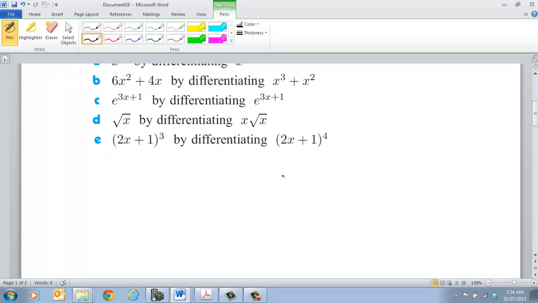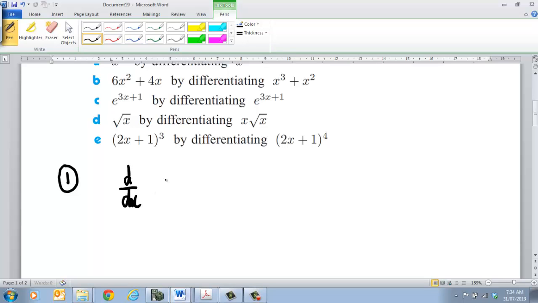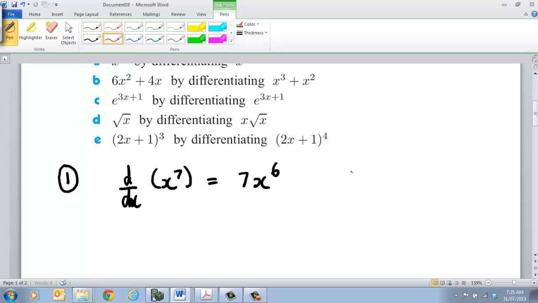So I'm just going to do a couple of similar ones for you. So let's have a look at this one here. If we've got to find the derivative of, say, something like x to the 7th, that's going to be equal to 7x to the 6. So if I want to find what the antiderivative of x to the 6 is, then what I need to do is get rid of this value here and bring it across at the side.